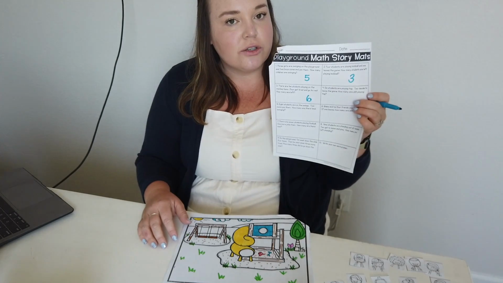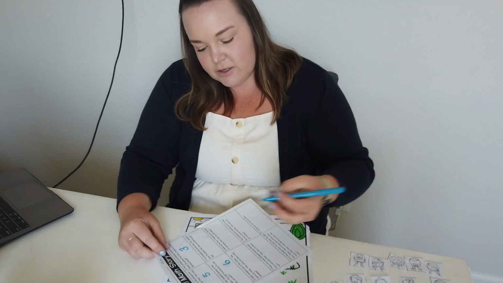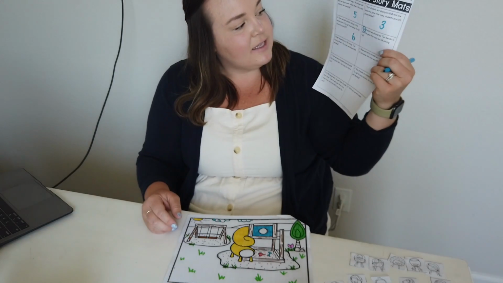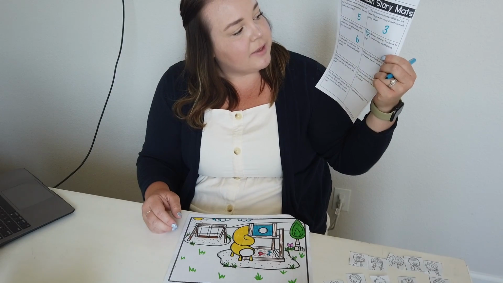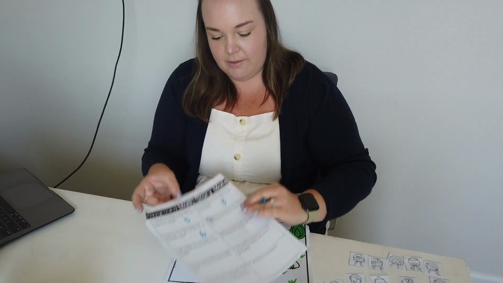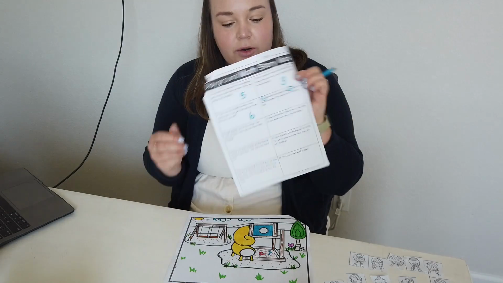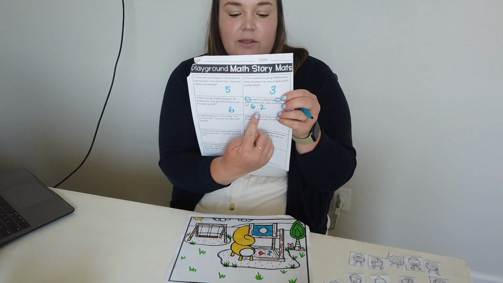So let's go ahead and circle the important numbers. The first one says 6, so I'm going to circle the number 6. Then it says 6 students are playing tag, 2 decide to leave the game. Circle that number 2. So those are 2 important numbers. So what I can do is I can write it out, 6, and then I have 2. What I don't know yet is what goes in the middle.